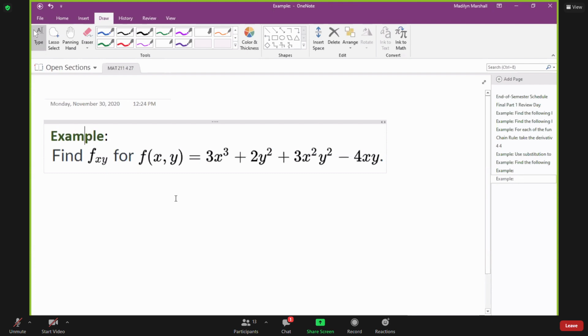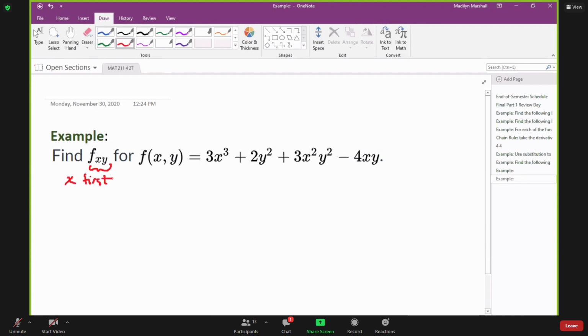Okay, so we have this two-variable function where we want to find the partial derivative with respect to x and then y. So always remember in this notation, we're doing x first.